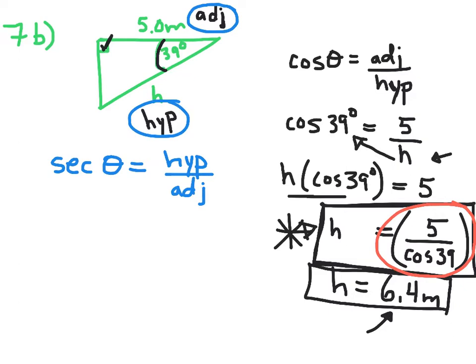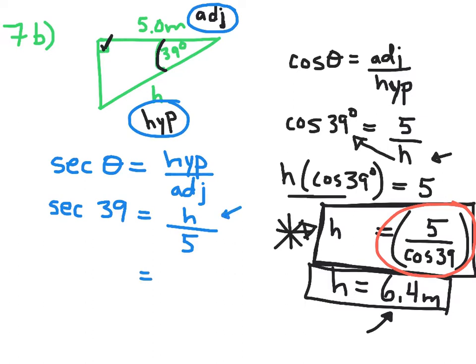Filling in the blanks, secant of 39 degrees, which is the angle we're dealing with, is the hypotenuse, which is what we don't know, all over the adjacent, which is 5. The unknown variable is at the top of this fraction.